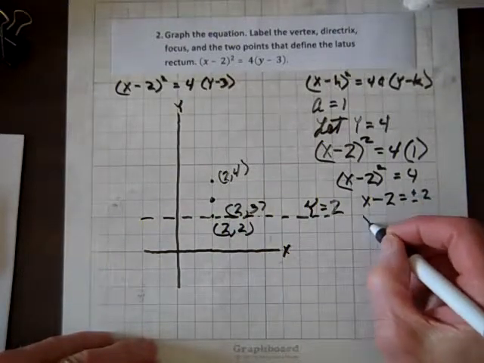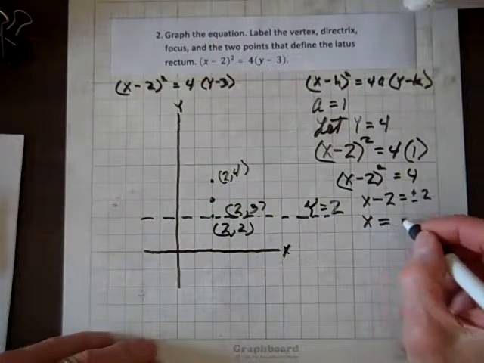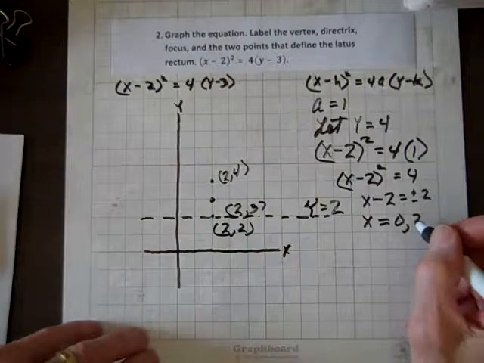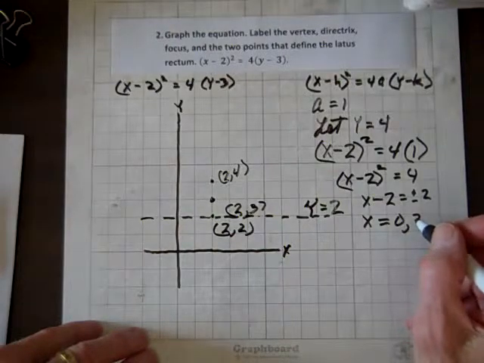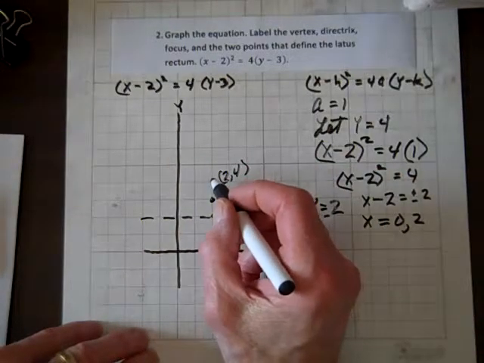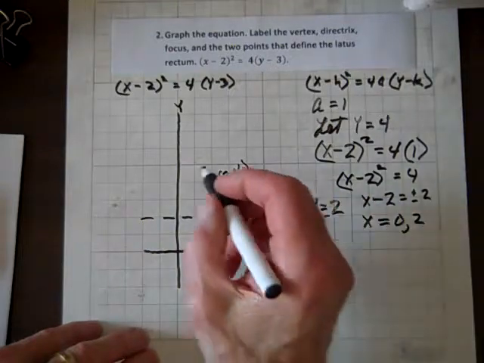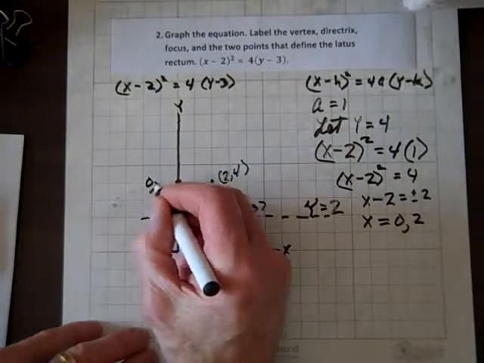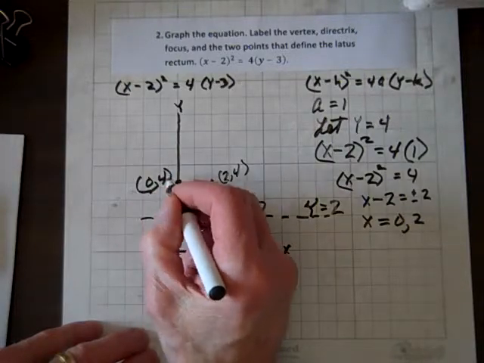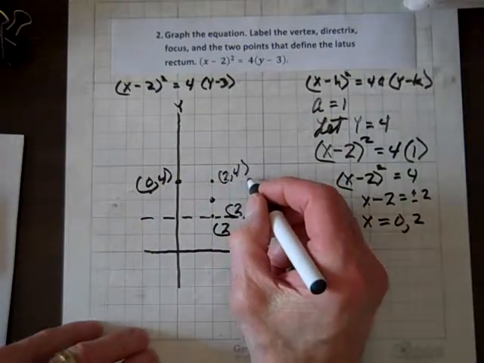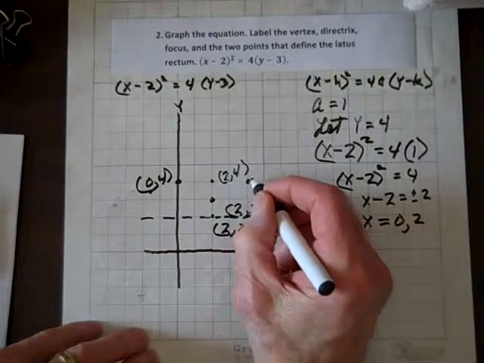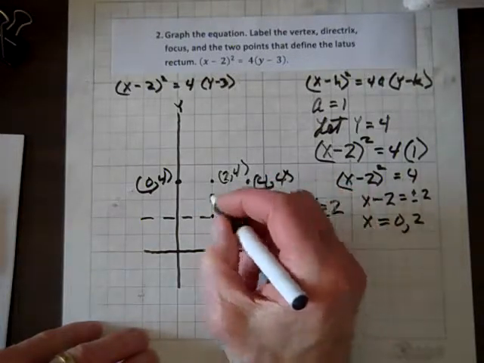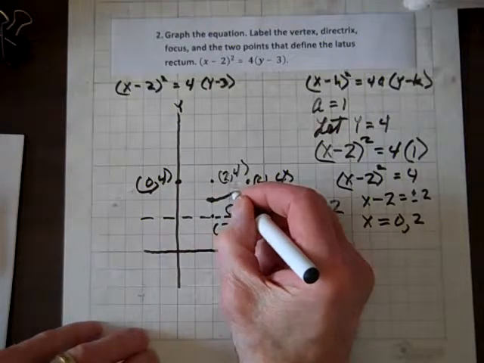And adding 2 to both sides, we get x equals either 0 or 2. And so our 2 points that define the latus rectum are, one of them is 0, 4, and the other one is 4, 4. And now we'll draw our parabola.